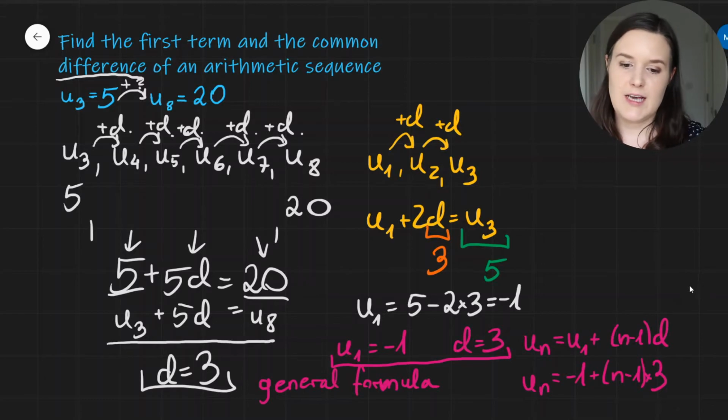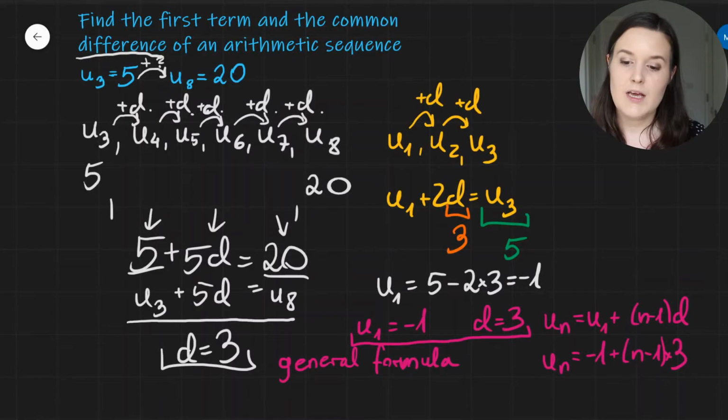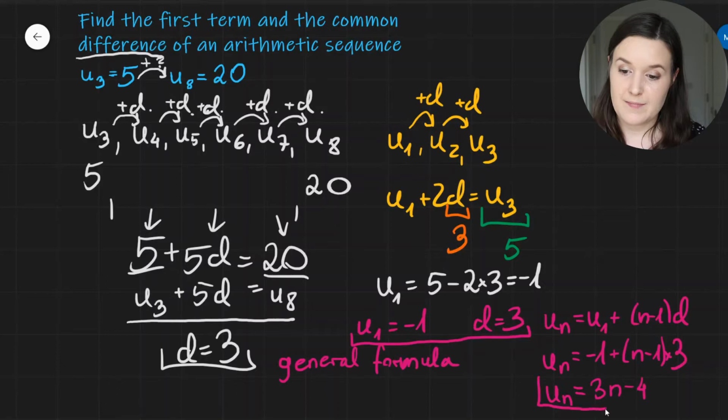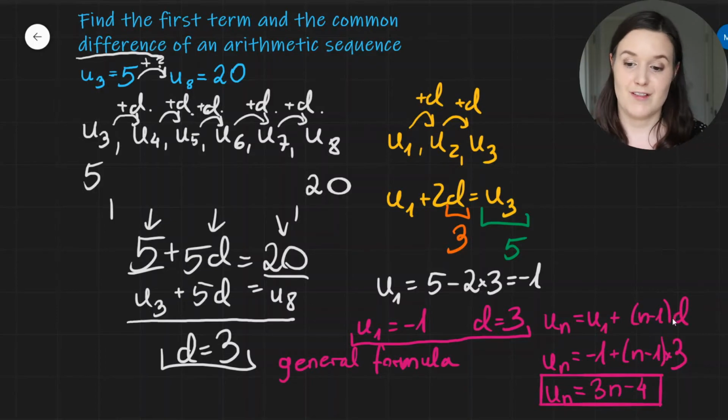Then I will simplify it. Expand the brackets, 3n minus 3 and minus 1, so 3n minus 4. That's the general formula for this arithmetic sequence. Having this formula now, you can find the 100th term or any term you want.